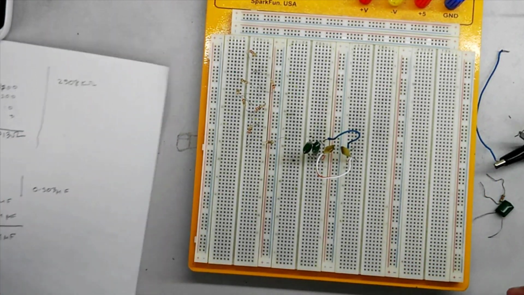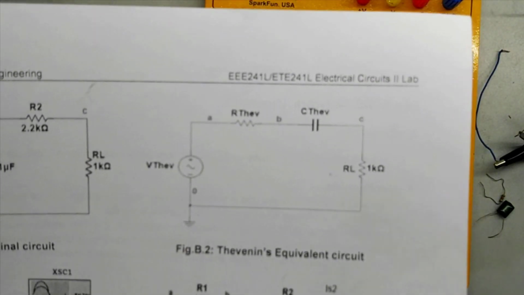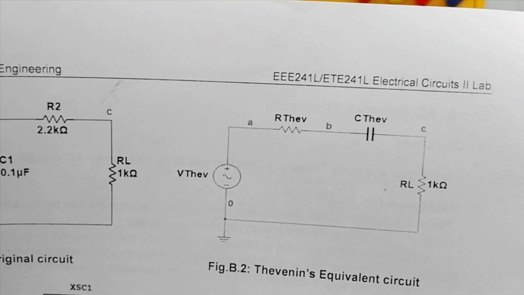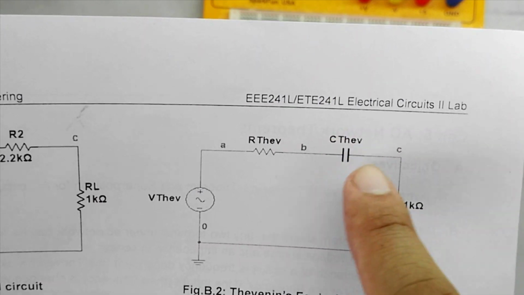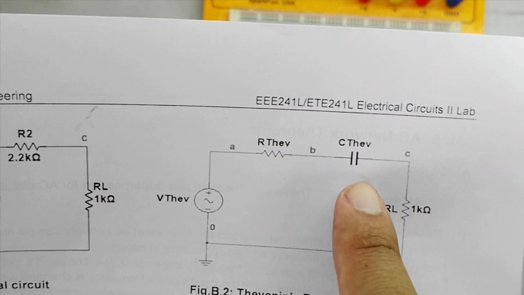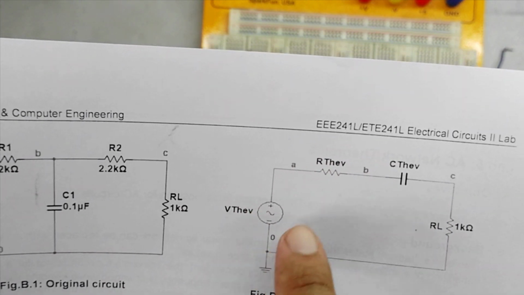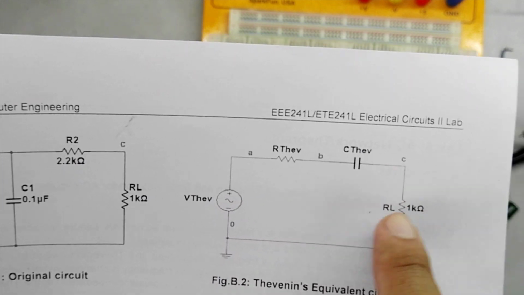So now, according to our circuit, we have to build this circuit where we place this Thevenin equivalent resistance and Thevenin equivalent capacitance in series with the load, and then we'll use the Thevenin voltage as the source and we'll find the load voltage here.